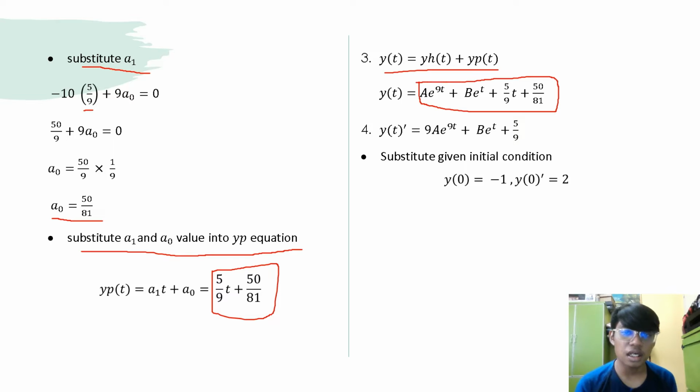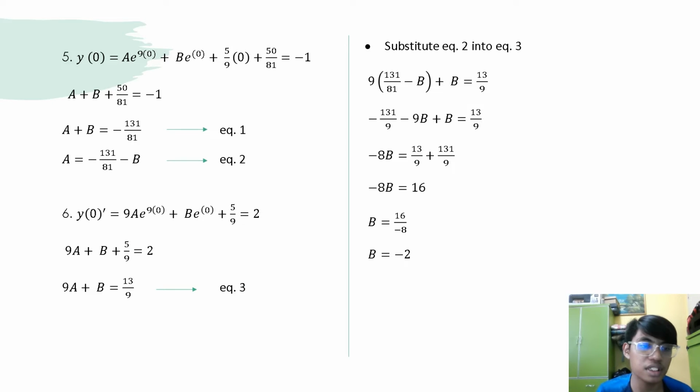And then we need to differentiate the y(t) equation because we need it to solve the initial condition problem. And then we need to use the given initial conditions to solve the problem. By using the initial condition at the general equation, y(0), we need to substitute all the values so that the terms of t become 0, equal to negative 1.